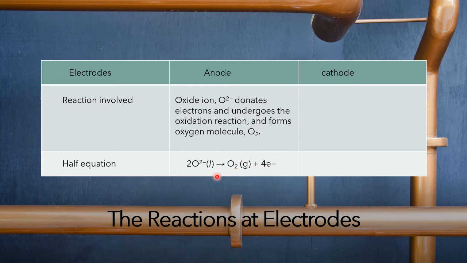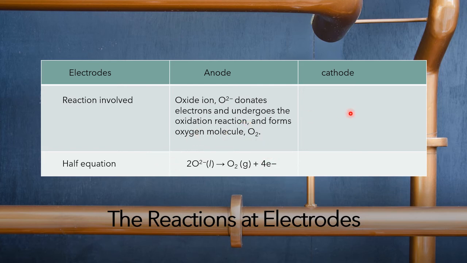Okay, so this is the balanced half equation. So because oxygen ada 2 kat sini, that's why kita tambah 2, integer 2 dekat depan oxide. Now the charge becomes 2 times 2- is equal to 4-. So kita nak balance dengan charge di sebelah kanan. So kita letak 4 lah elektron ni. So dia jadi balance neutral.